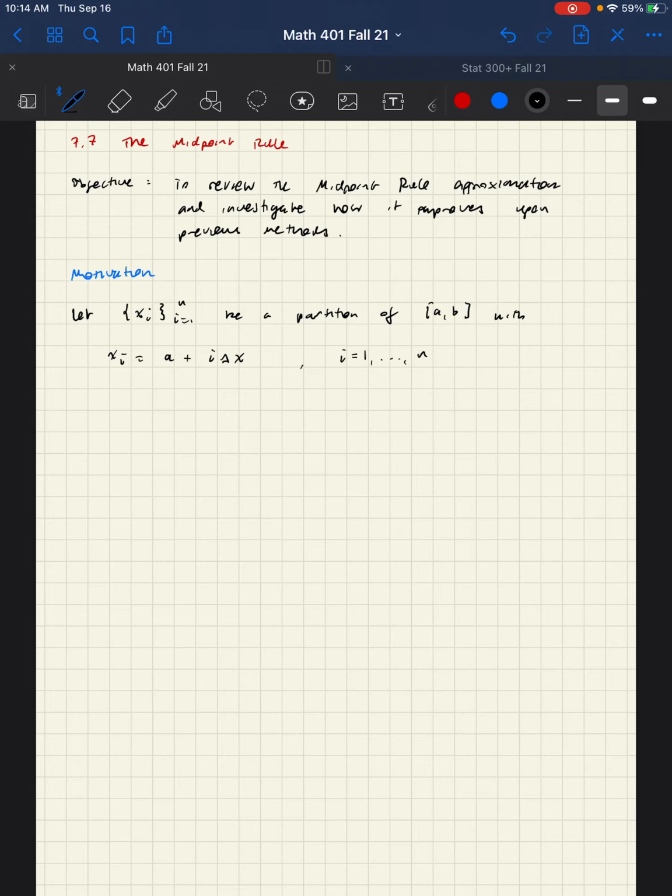The first one is a, the next one is a plus delta x, the next one is a plus 2 delta x, and that'll give us equal spacing between all of them, where delta x is (b minus a) over n.